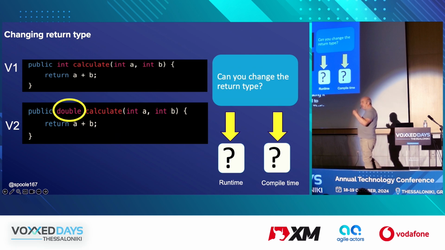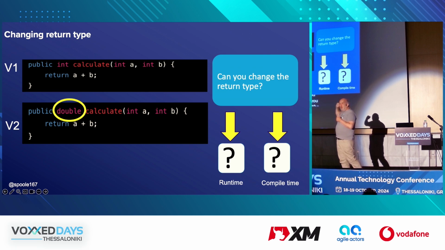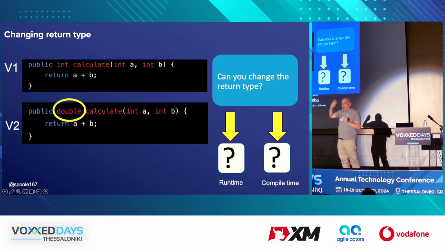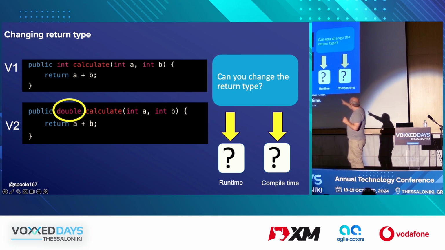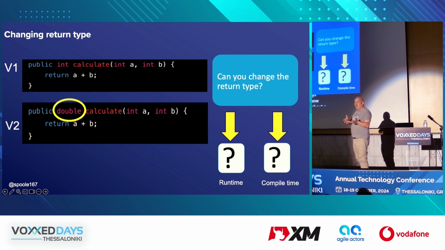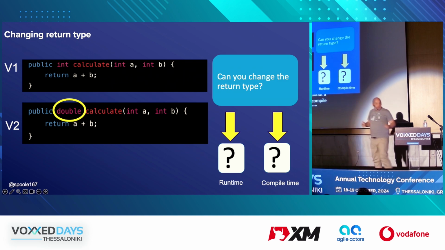What happens if you change the return type? You have a method which returns an integer, and you change it to return a double. Who thinks that will break your API user at runtime? Okay, that's good. People are always going, I'm not sure I know Java. Yes, you do. What about at compile time? If the Java user of your API recompiles, will it break? Well, I think you know the answer.